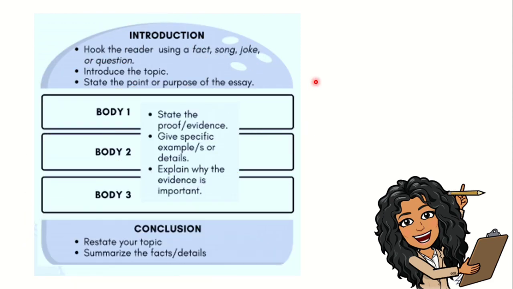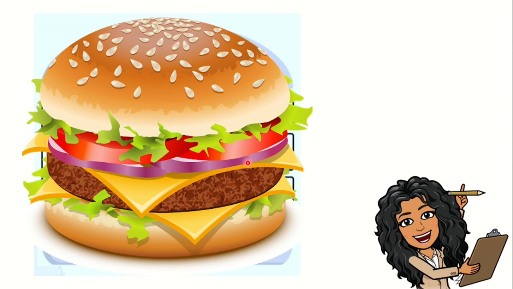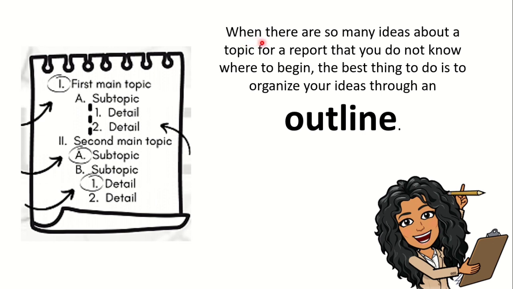Ta-da! It allows you to see facts, concepts, or ideas in a visual format. Like an essay, it has several layers: the top bun, the filling, and the bottom bun. Kindly read, begin.